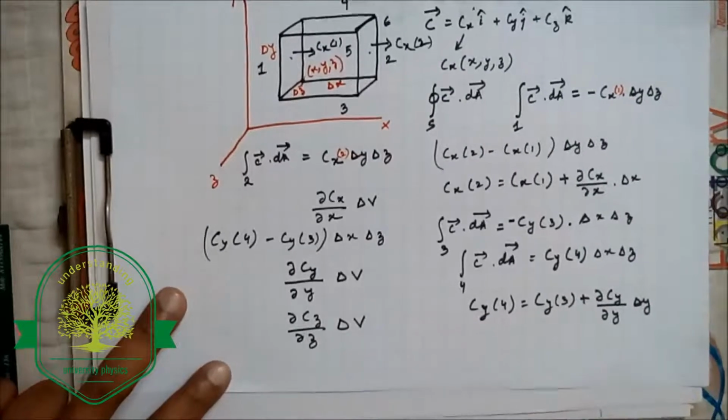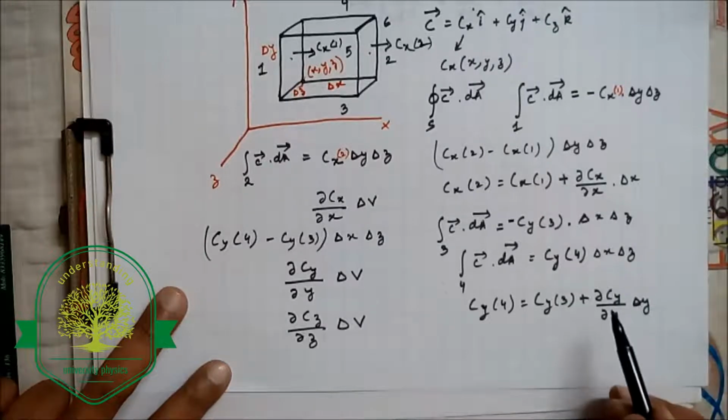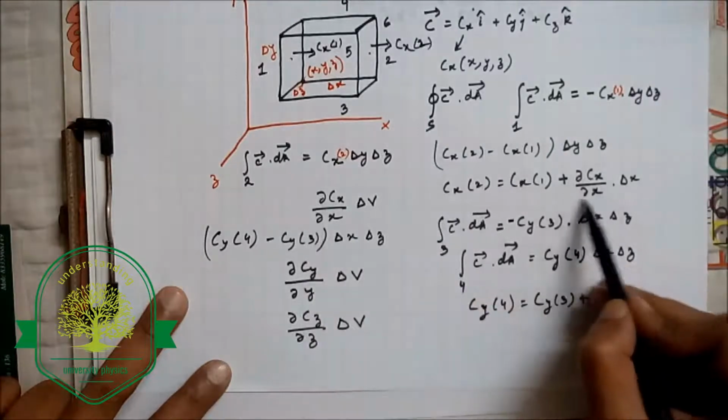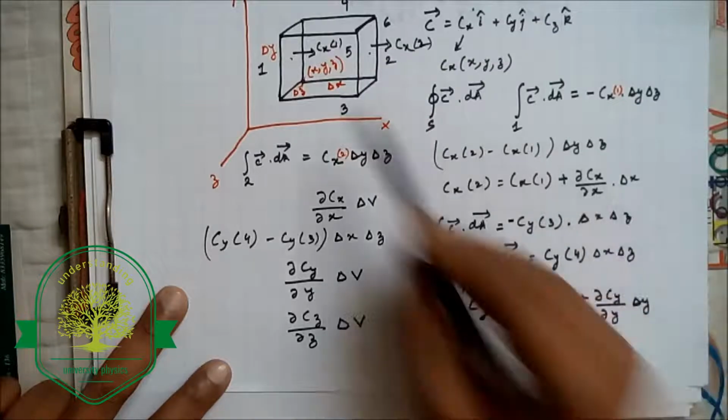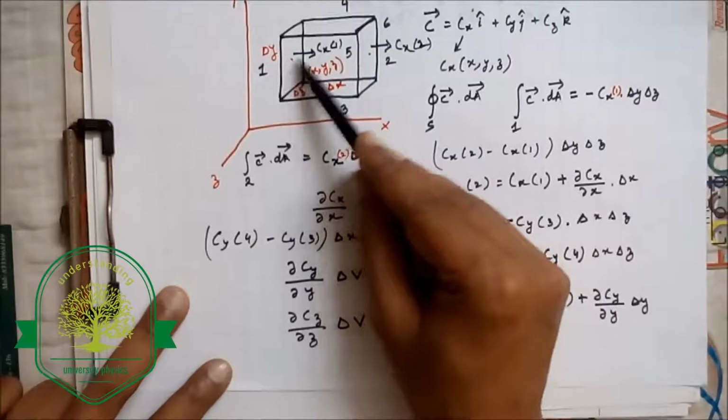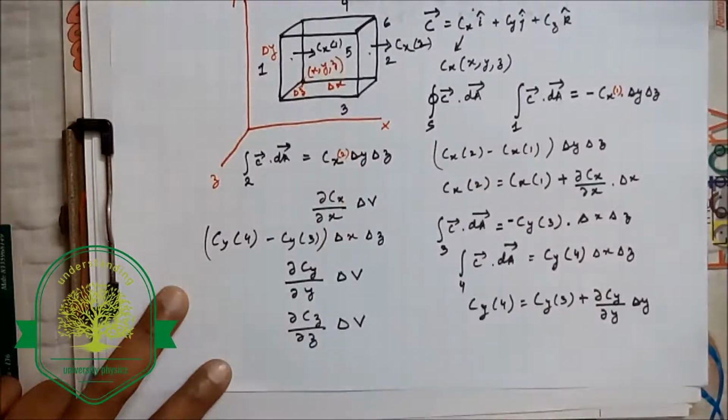And you will also have to note, first of all, this derivative here, where is it being calculated? It is being calculated over here, where cx has been assumed to be constant at cx1.